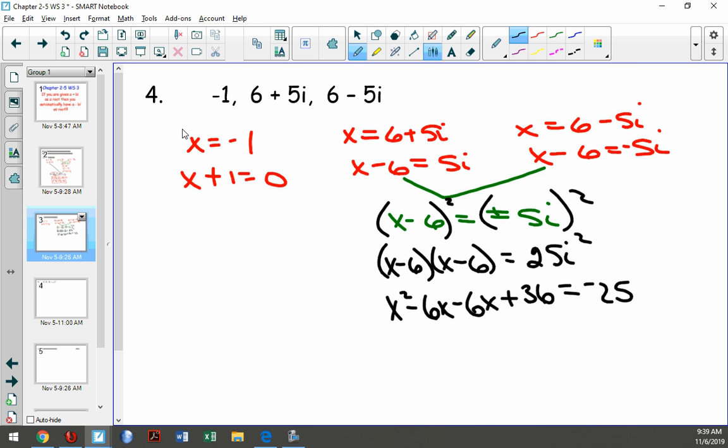Go ahead and combine like terms. So x squared minus 6x and minus 6x gives you a minus 12x. 36, I'm going to go ahead and add 25 to both sides. So 36 and 25 gives you 61 is equal to 0. Now what am I going to do?